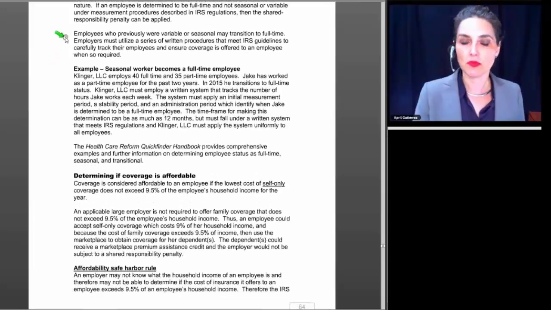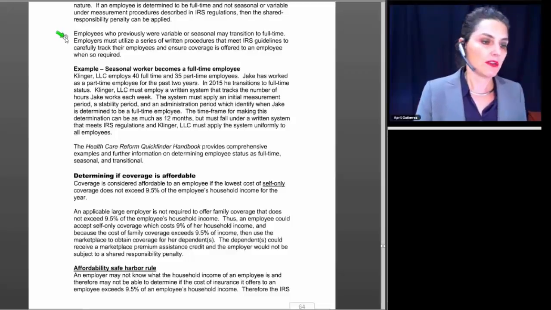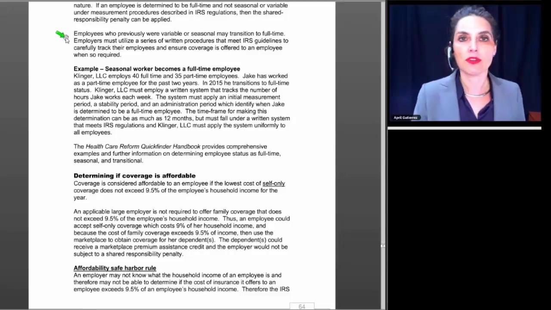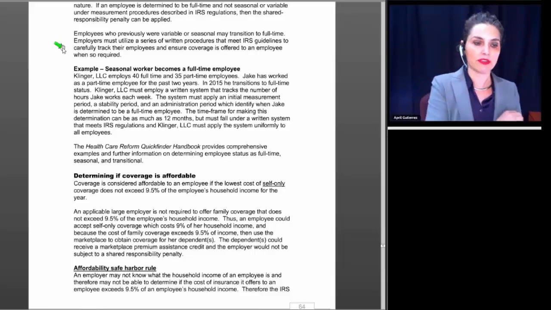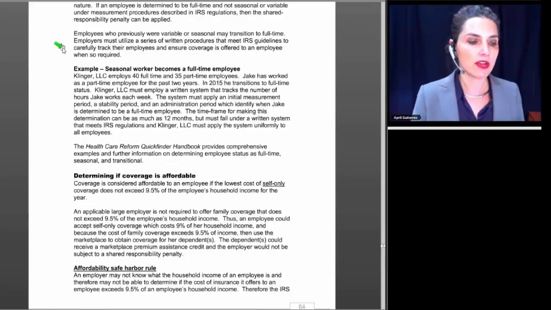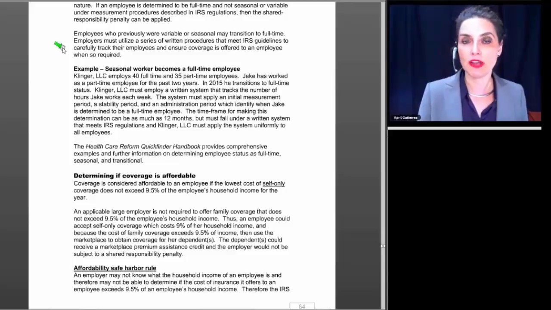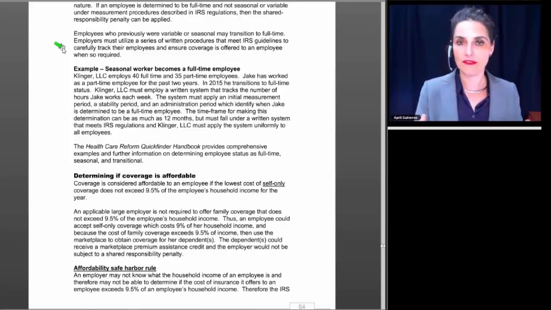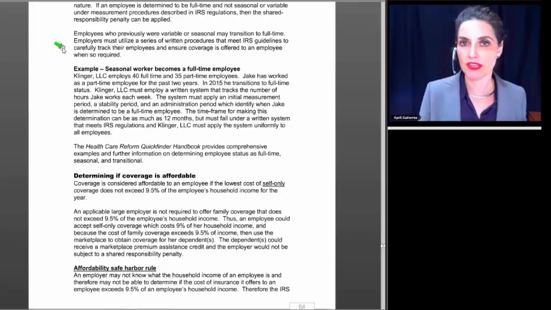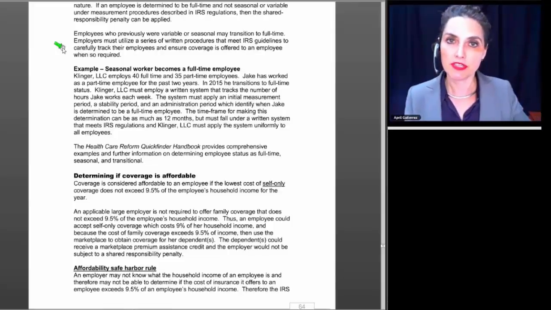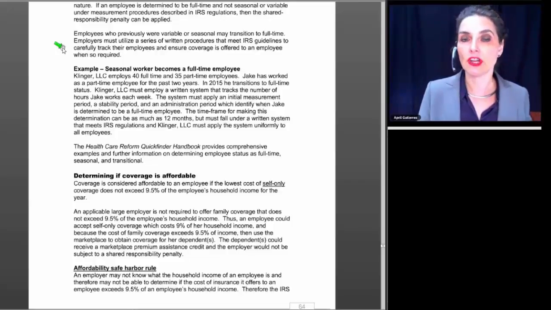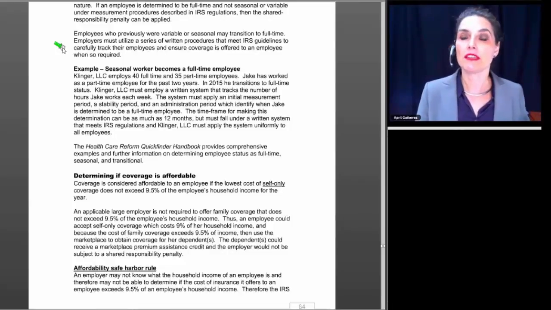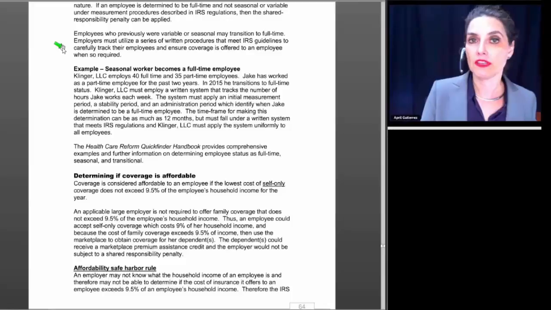Employees who previously were variable or seasonal may transition to full-time, and employers must utilize a series of written procedures that meet IRS guidelines to carefully track their employees and to ensure coverage is offered to an employee when it is required. So the employer has to have a system of procedures in place that tracks a particular employee and consistently and accurately determines whether that employee is seasonal or variable in nature.